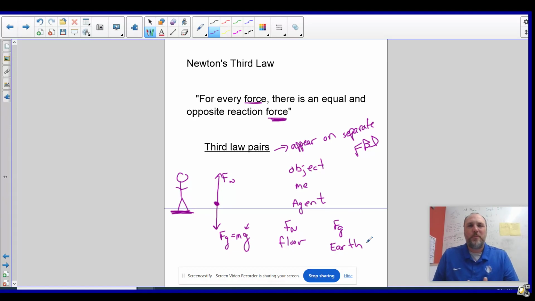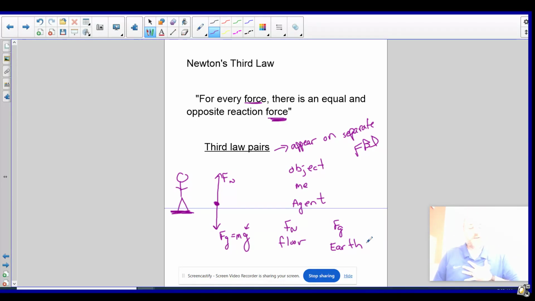So what would the third law pair to that be? If my mass is attracted to the center of the Earth, I would say that the center of the Earth is also attracted to my mass with equal and opposite force. So as much as the Earth is pulling down on me, I'm also pulling up on the Earth. Obviously, the Earth's mass is way bigger than mine, so it has a much larger effect on me.